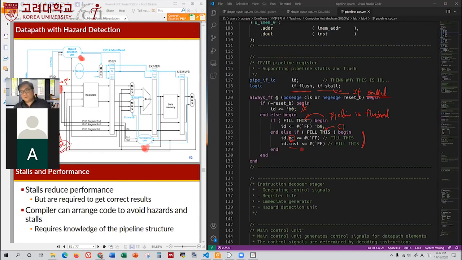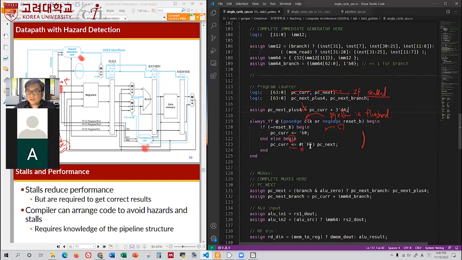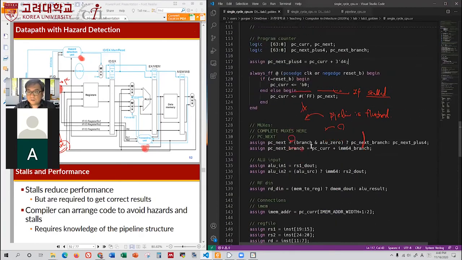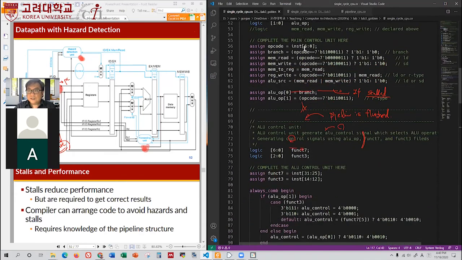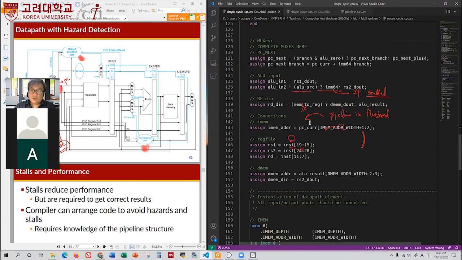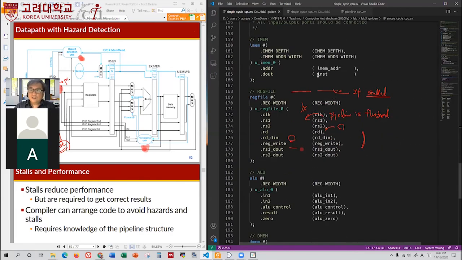So what is different from the single cycle processor? In the single cycle processor, we directly use this inst signal, and this inst signal is generated from the instruction memory.